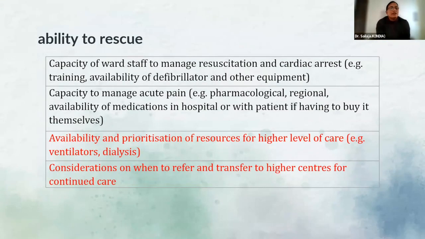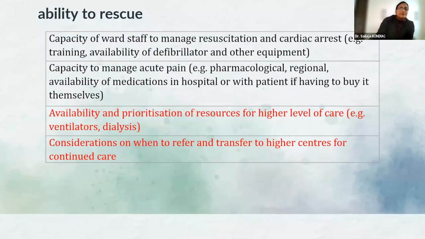Coming to the ability to rescue, capacity of ward staff to manage critical events was included, along with management of acute pain, availability and prioritization of resources, and referral service was also discussed.